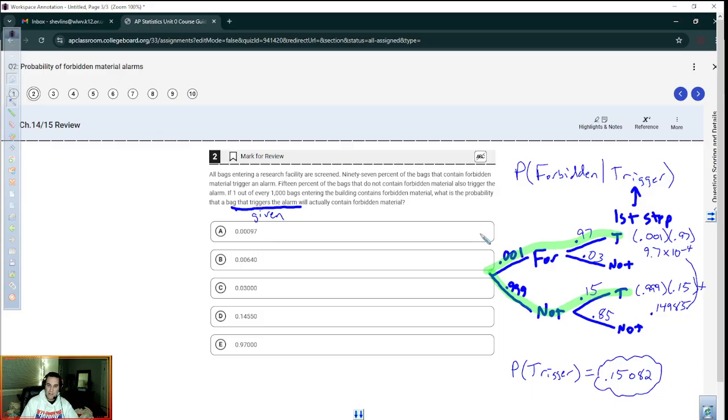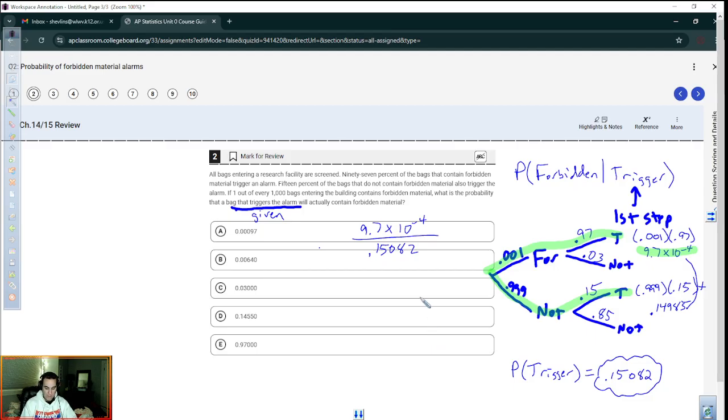So we're going to calculate the probability that we have forbidden material. So which one of these was the forbidden one? You look at your two branches, and the forbidden one was you had bad material and you triggered the alarm. That is this one. So you are going to put that number on top, 9.7 times 10 to the negative fourth, divided by the overall trigger percentage, and then boom, that is going to be your answer.